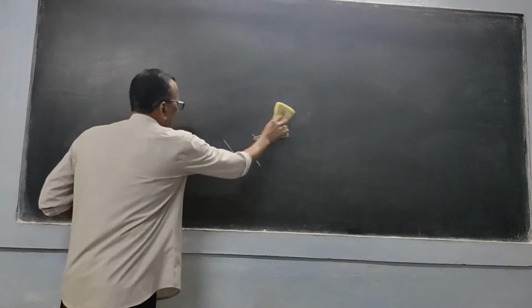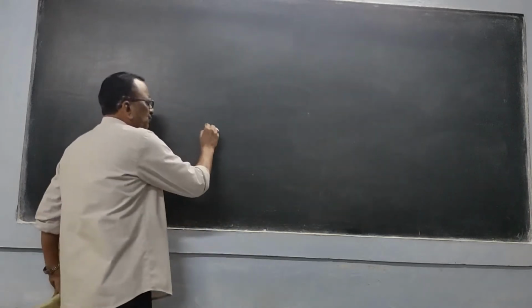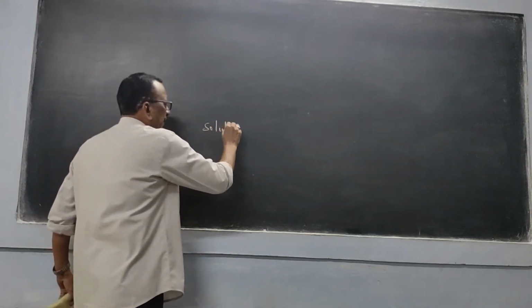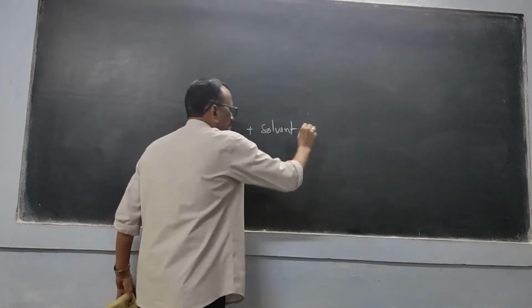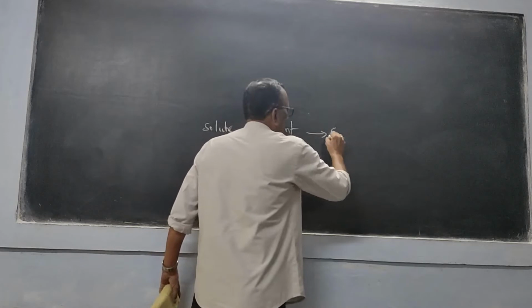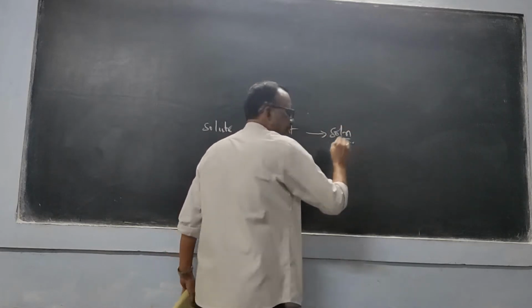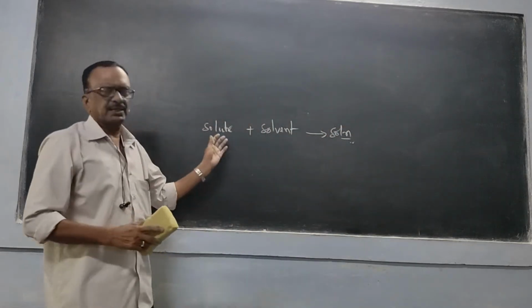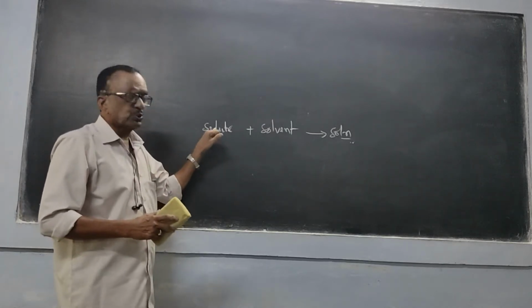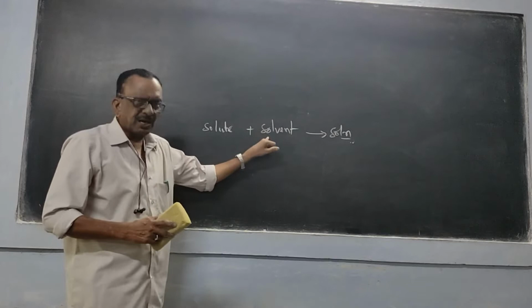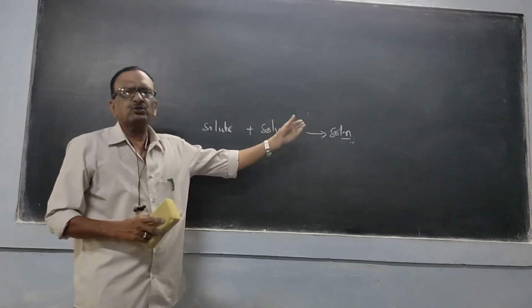So now here, in the case of a solution generally we have a solute and another one is a solvent that will give us a solution. Yes, we know it, because we have learned all these fundamentals. Now solute and solvent give rise to a solution.